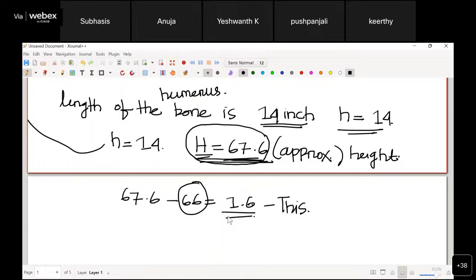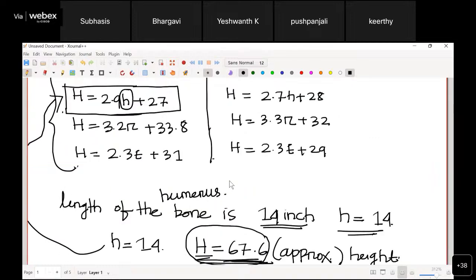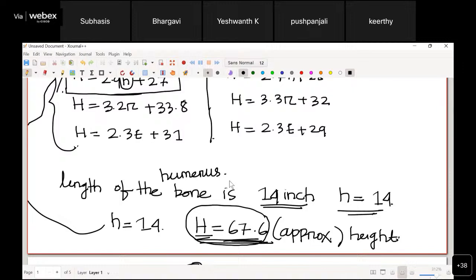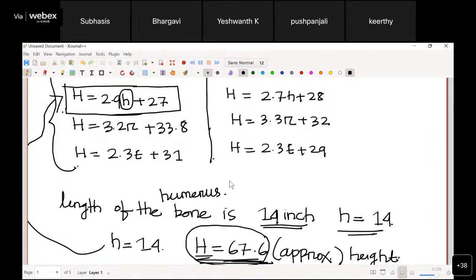Excuse me, sir. I wanted to ask, what if we substitute the value of capital H, that is 66, in the above equation? By that, can we calculate the error?